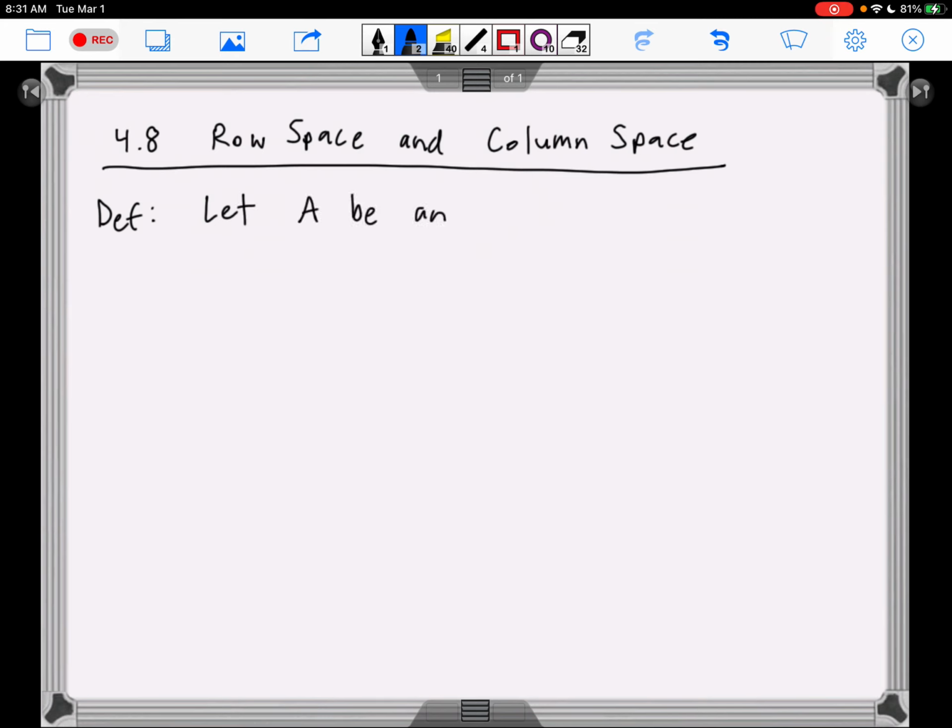Let A be an m by n matrix. You could also write it this way. Remember, A is inside the set of m by n matrices with real coefficients, right? That means the same thing, okay?